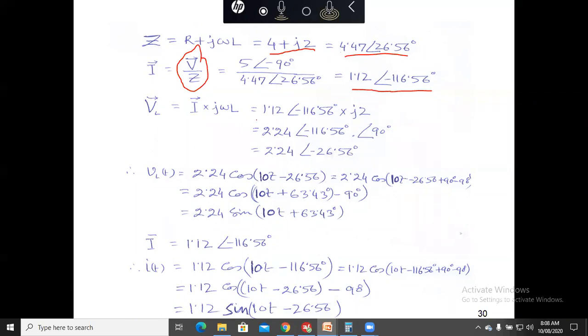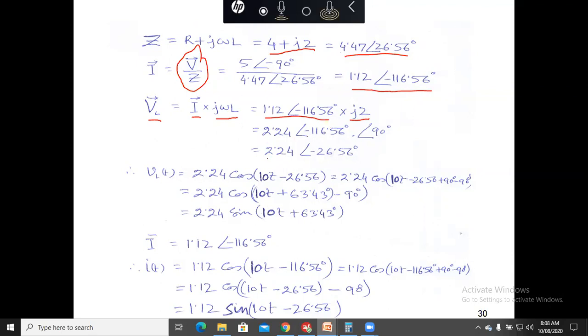How can we calculate the voltage across the inductor? We calculate it by multiplying the phasor current with the inductor impedance, which is jωL. So we multiply it by j2, which means 2 at the angle of 90 degrees.